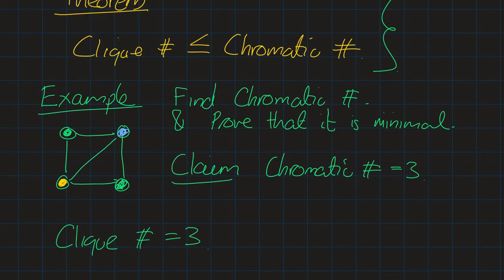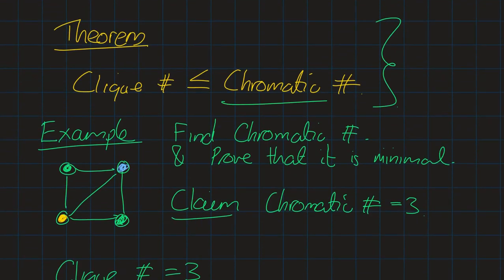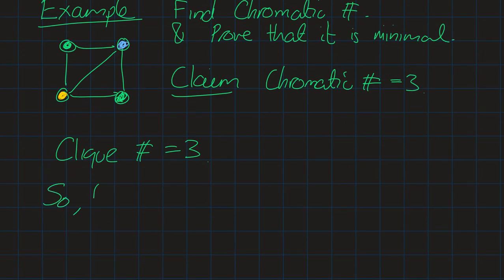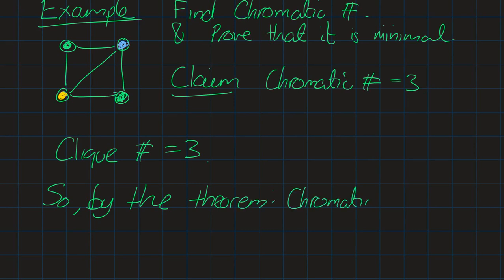Okay? But by this theorem, we know that the chromatic number is greater than or equal to the clique number. So by the theorem, we have that the chromatic number is greater than or equal to 3. Okay?